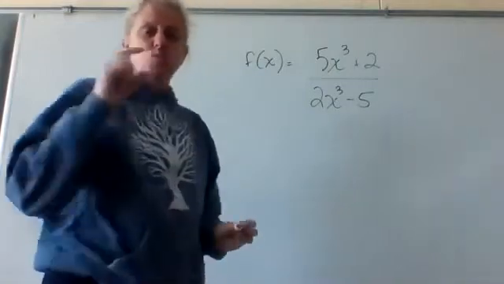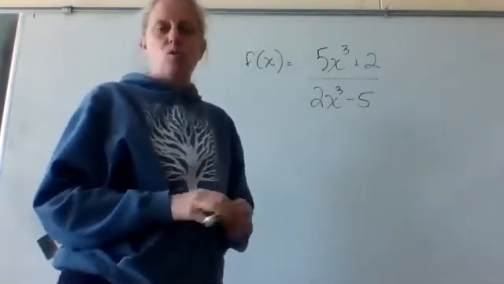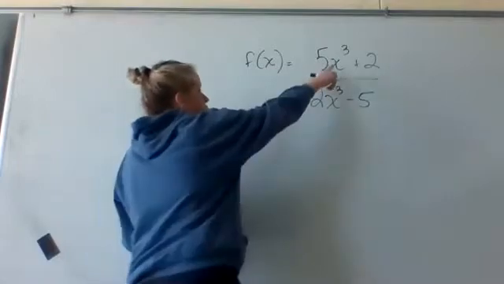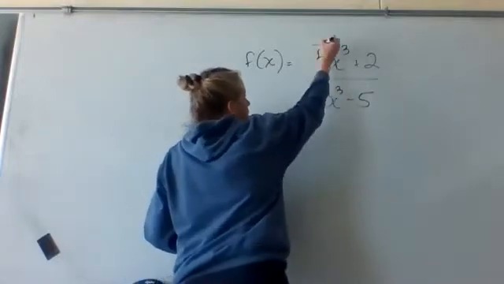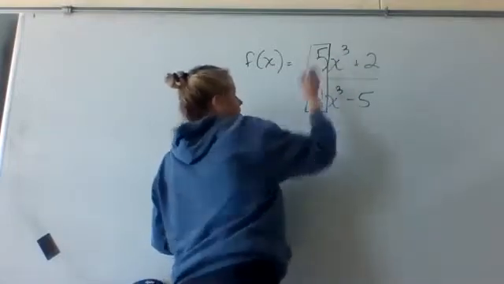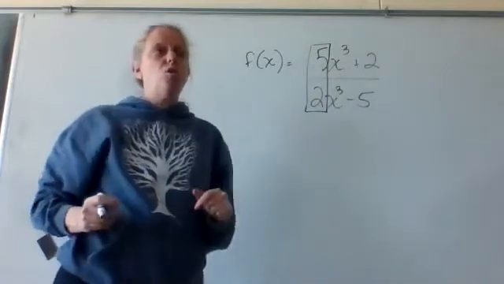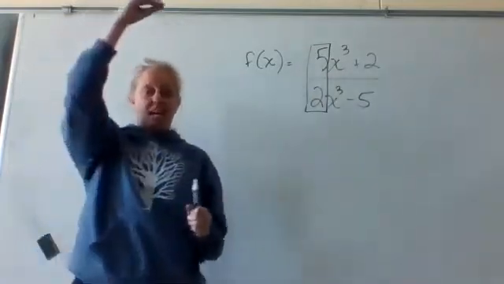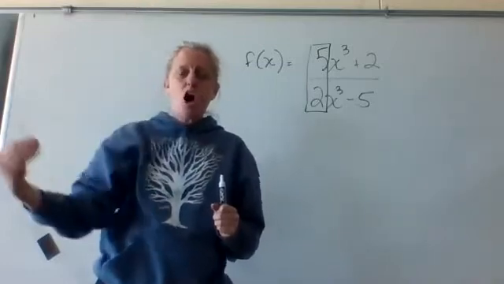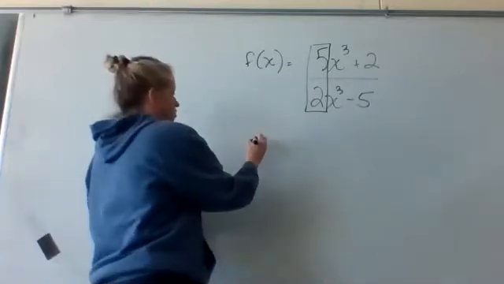If that is the case, what does that tell you about your horizontal asymptote? If your degrees are equal, this number right here is telling you where your horizontal asymptote is, the leading coefficient of the top over the leading coefficient of the bottom.